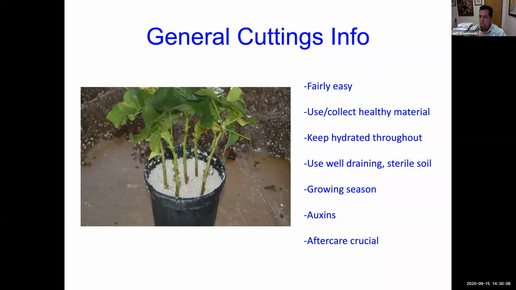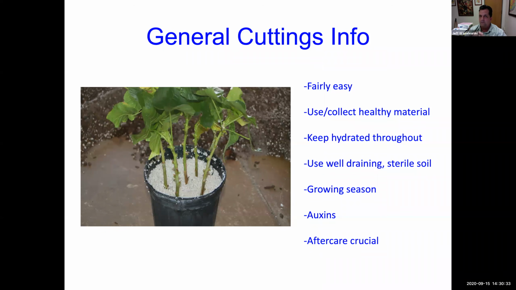You're going to use well-draining, sterile soil. You saw I added a lot of perlite to make it very well-draining. Sterile soil, if you just purchase soil, it's going to come sterile, and just keep it protected, it'll be fine. You're going to do it in the growing season, and you're going to use auxins, the root hormone.